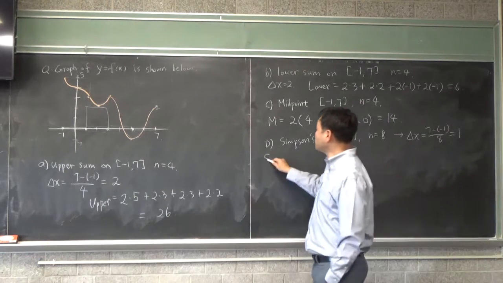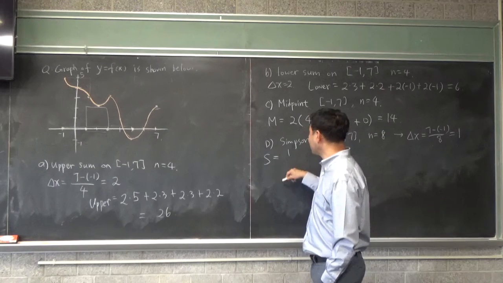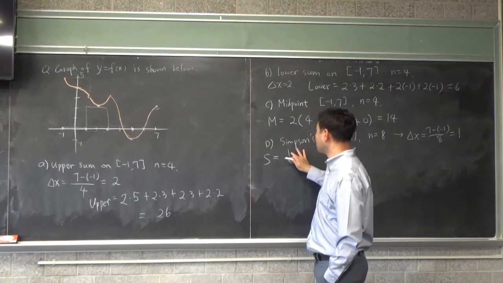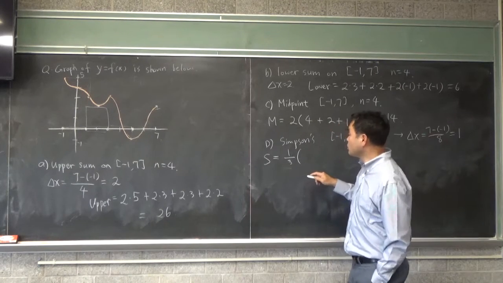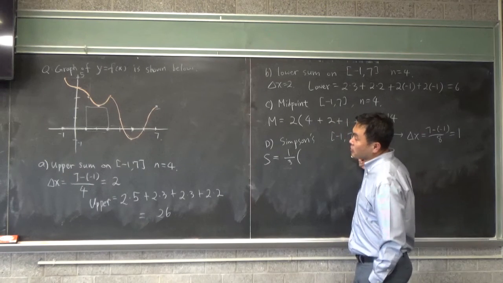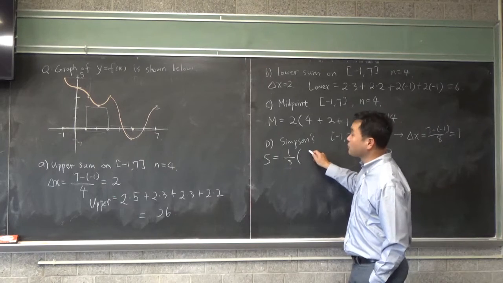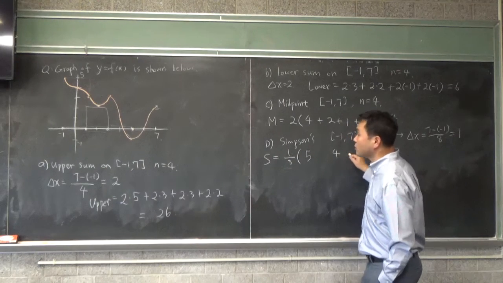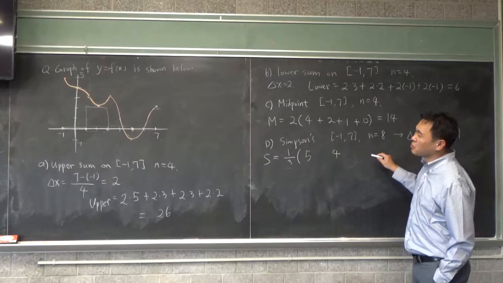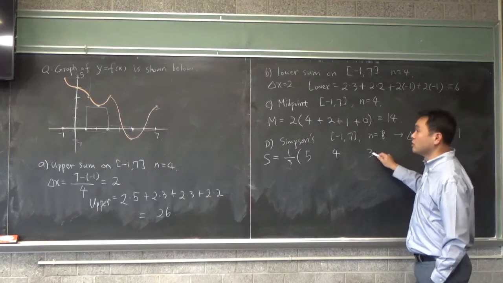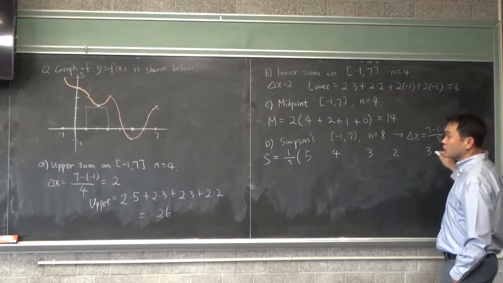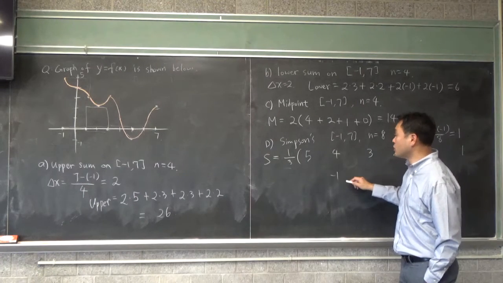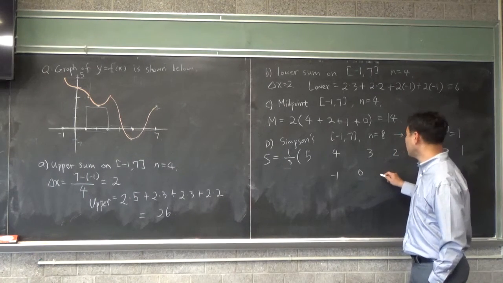So Simpson's rule says divide the delta x by 3. So this 1 is really delta x. And then you put these values, right? The values are like 5 and then 4. The next one is 3, 2, 3, 1, -1, 0, and 2.